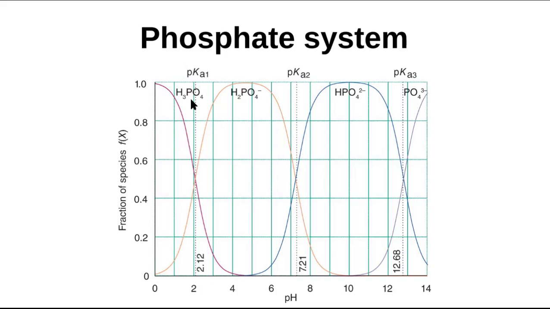This is a figure from the book. This is a fraction curve of phosphoric acid. Below pKa1 phosphoric acid exists as exactly the free proton acid. Above pKa1 it exists as H2, the single deprotonated species. Then there's another pKa value, and it's a double deprotonated species, and a third pKa value, and a triple deprotonated species.